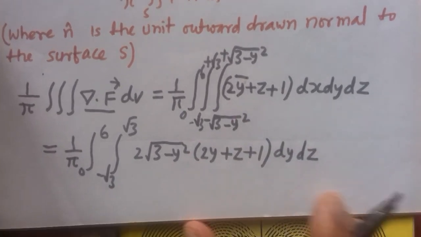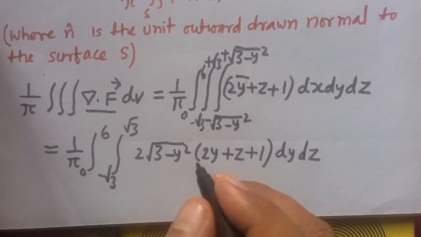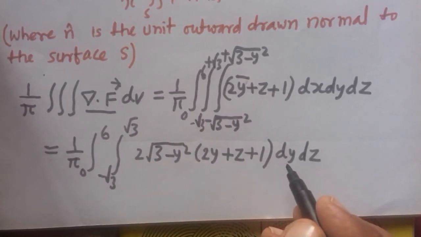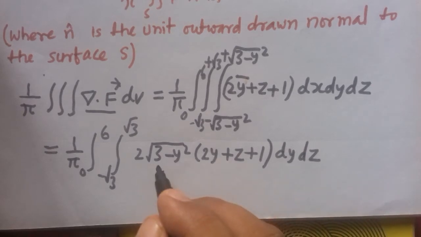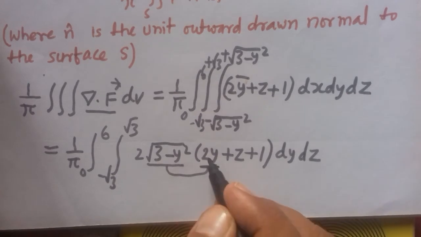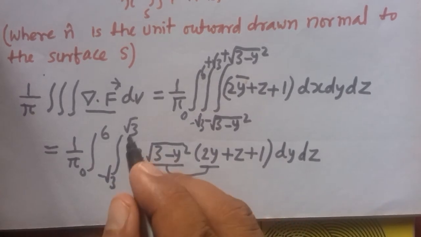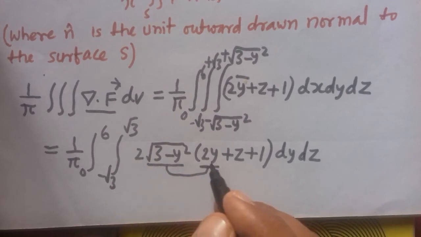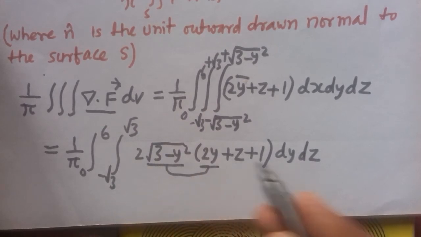You can see that now we are going to integrate with respect to y. This thing is an odd function, and you see the limits are equal but in opposite direction, so this part will be 0.